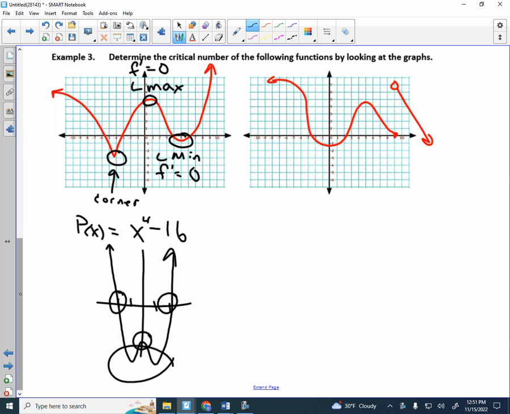So in this one, you tell me when I get to a critical point. Yeah, we would say vertical tangent. Okay.